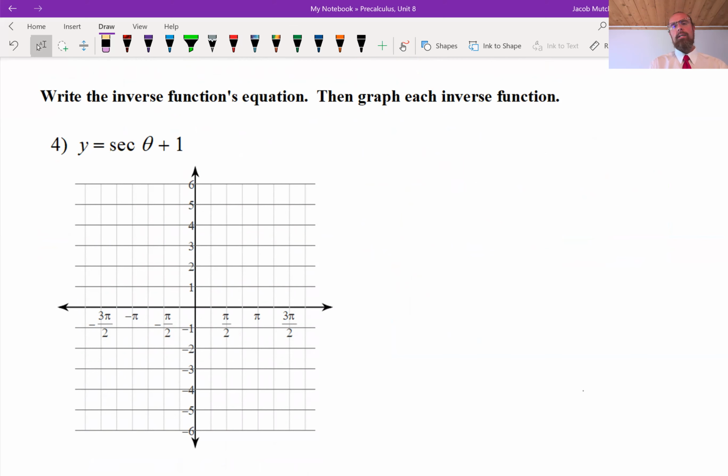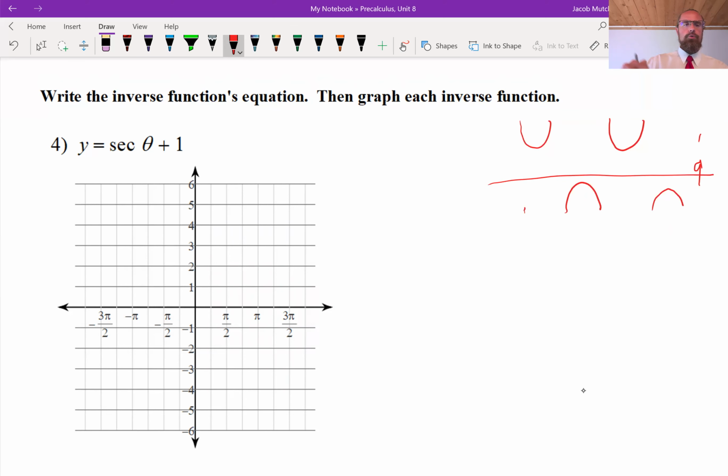What we'd expect from the original graph is the secant U's that alternate, one opening up, one opening down, and so forth forever, and then the whole function shifted up 1. So our x-axis would be closer to the pieces of secant that are opening downward. That's what the original would look like.